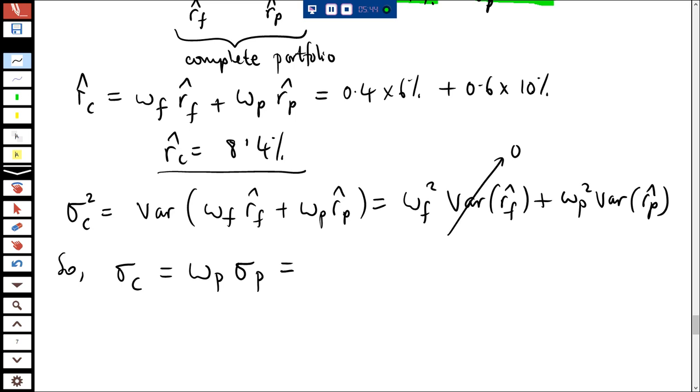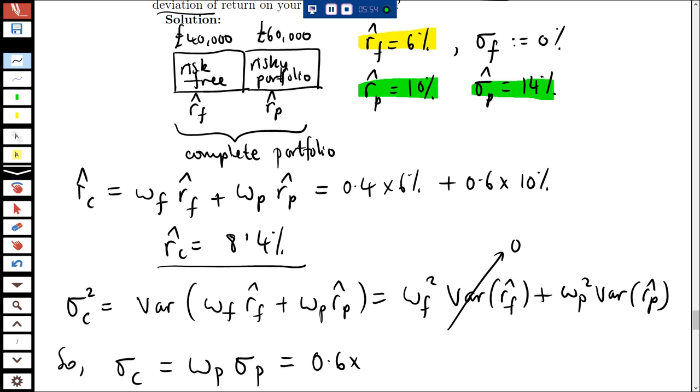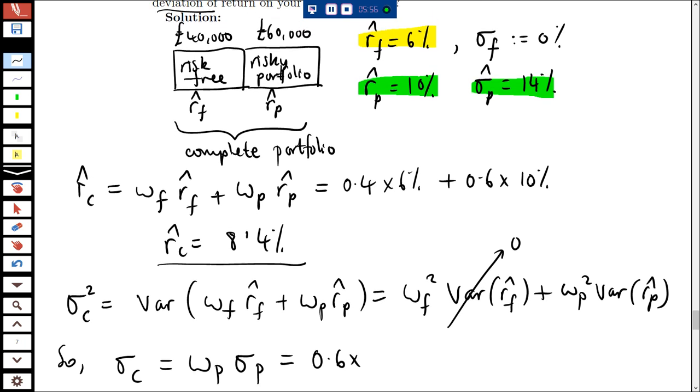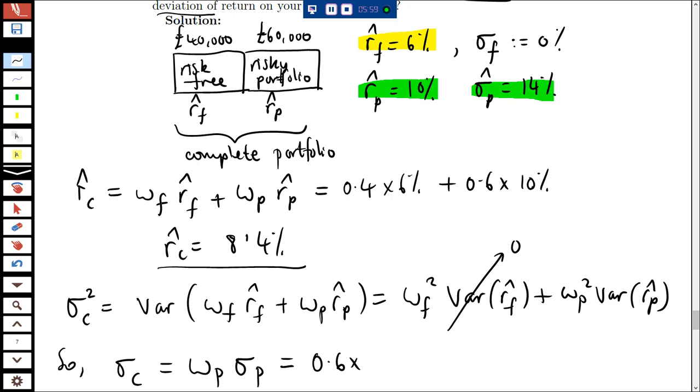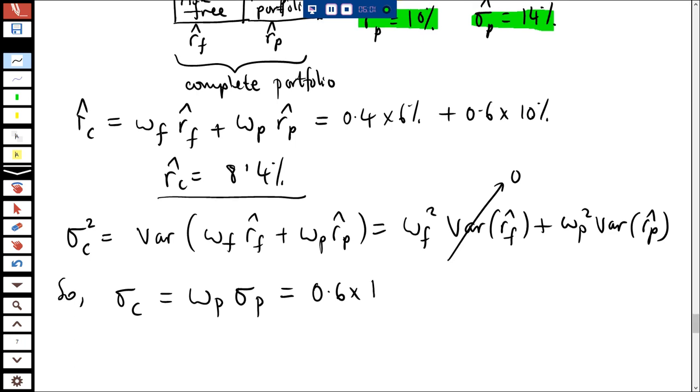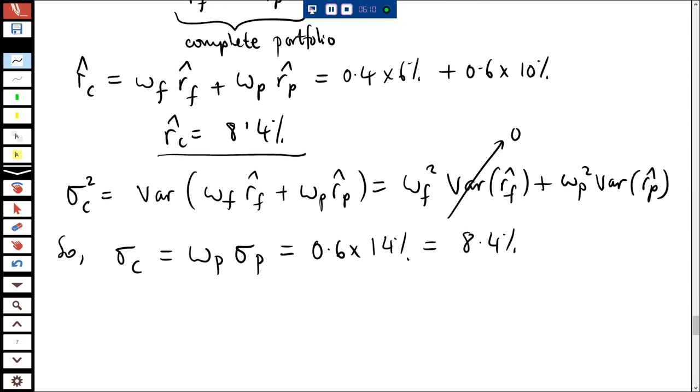And if we drop those in, we get 0.6 times, what is it? Risk on the risky portfolio, 14%, which gives us 8.4%. Okay, so the risk on the complete portfolio is the same as its return, 8.4%.